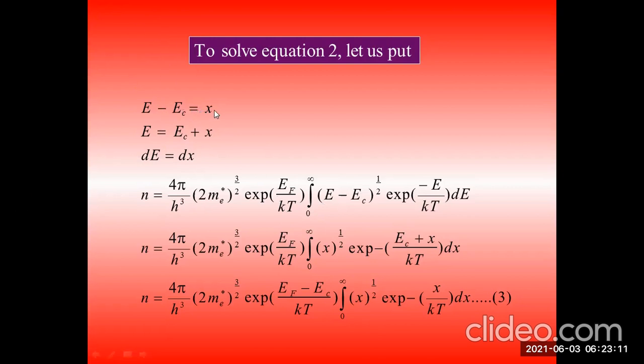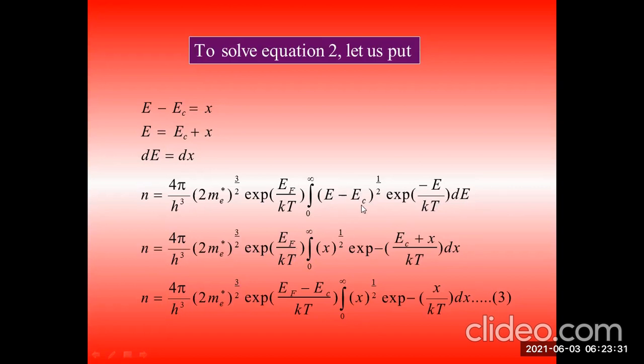Infinity minus EC is equal to X, so X is equal to infinity. So I have written here 0 to infinity, (E minus EC) whole to the power of 1 by 2, exponential of minus E by KT, dE. So n is equal to 4π by h cubed (2 m_e*) to the power of 3 by 2 exponential of EF by KT, integration 0 to infinity.